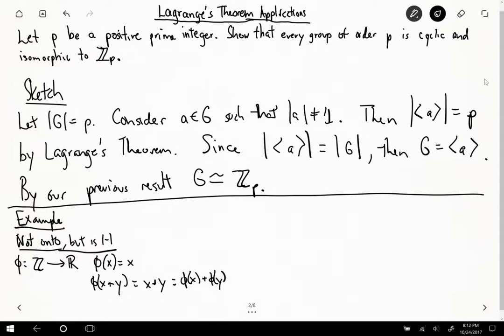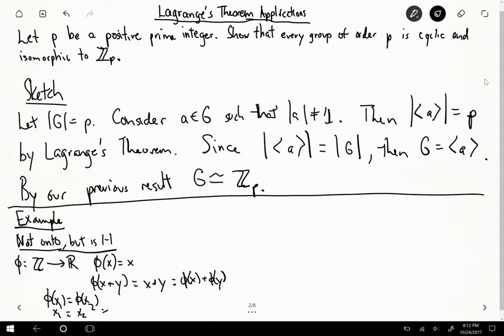Okay. Is it one-to-one? Well, yes. If you have phi of x1 equaling phi of x2, what happens? Well, in this case, x1 equals x2 just by definition, so you have one-to-one straight away.